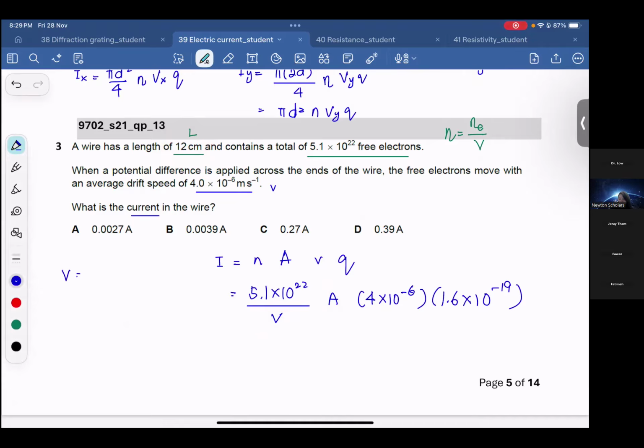Volume is area times length. So 5.1 times 10 power of 22 divided by area times length, then times the area times 4 times 10 power of negative 6, times 1.6 times 10 power of negative 19. From here, you cancel out the area so that you can use the length to solve this question. This is the challenging part of this question.